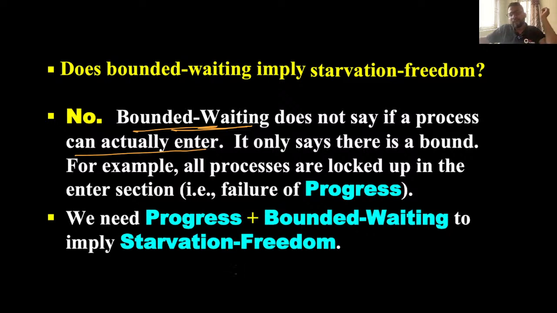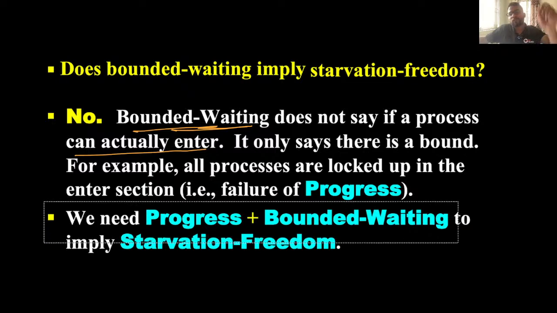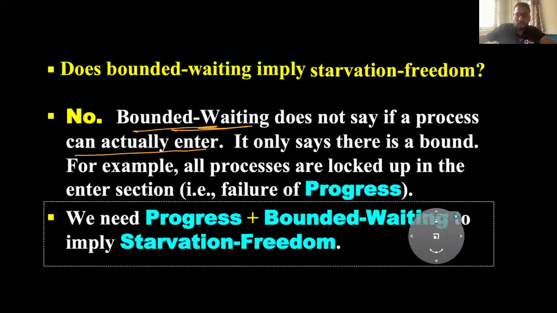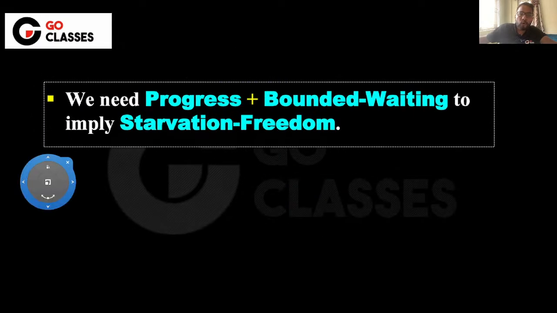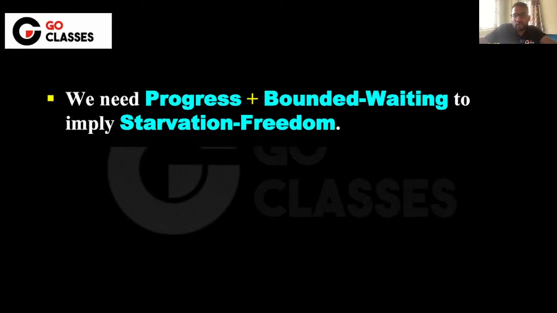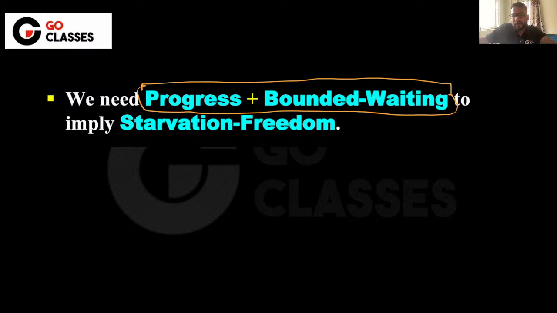Now, do you see one very nice thing? What is the very nice thing? This progress and bounded waiting. This combo is very nice, right? This combo is so nice that it is saying that things are starvation free. Every process will get a chance, right? So if I have these two conditions, progress and bounded waiting, together this combo is very nice.